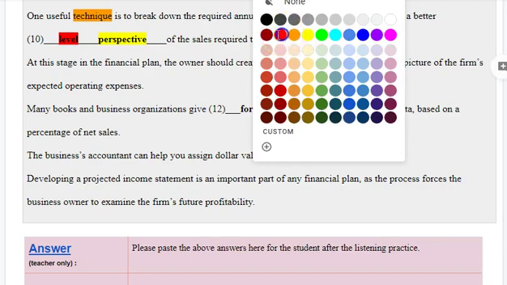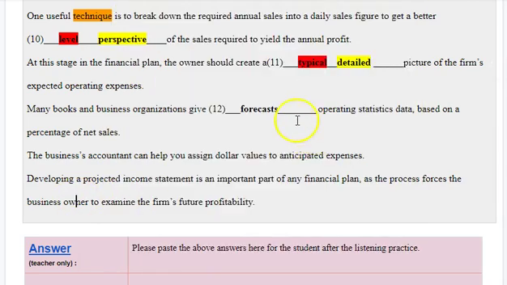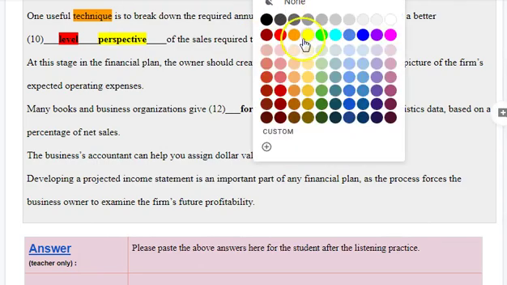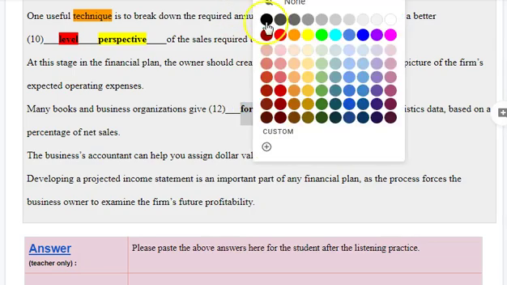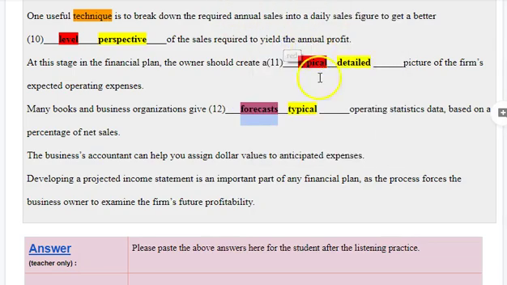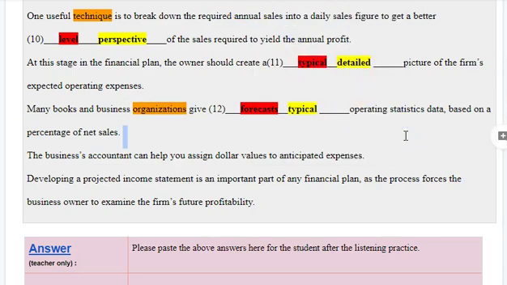At this stage in the financial plan, the owner should create a detailed picture of the firm's expected operating expenses. Many books and business organizations give typical operating statistic data based on a percentage of net sales.